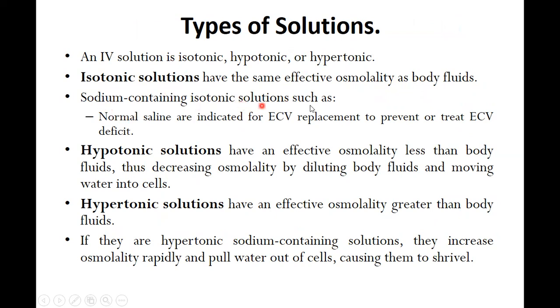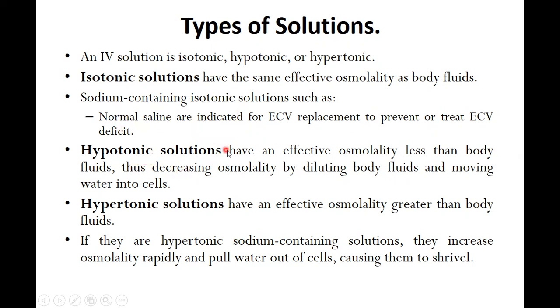Sodium-containing isotonic solutions include, for example, normal saline. These are indicated for extracellular fluid volume replacement to prevent or treat extracellular fluid volume deficit. So when a patient has lost a lot of fluids, usually isotonic solutions will be indicated, such as normal saline.